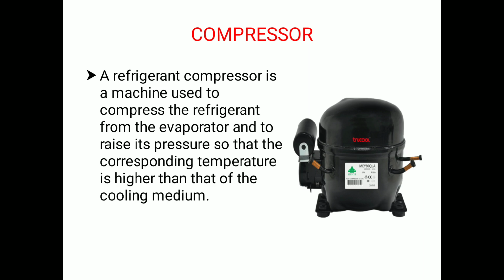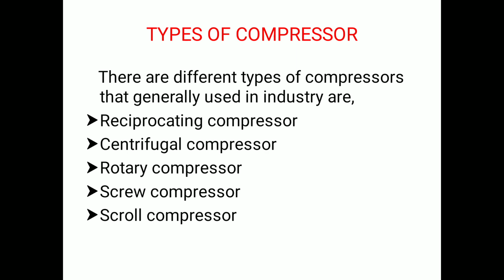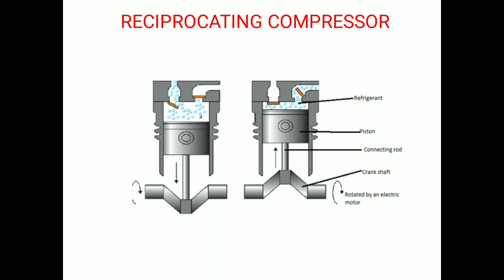This is the compressor used in our home refrigerator, and it has some more types also. The types of compressors are, first, the reciprocating compressor, then the centrifugal compressor, then the rotary compressor, the screw compressor, and then the scroll compressor. The first type is the reciprocating compressor.